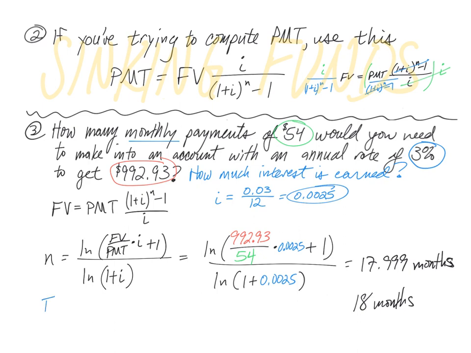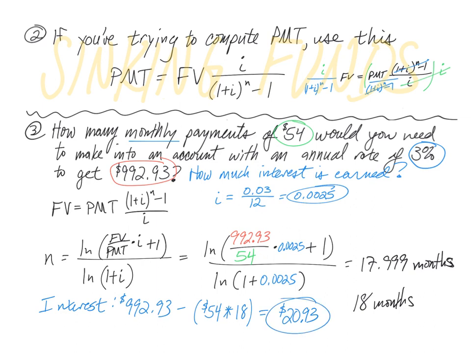So interest would be 992.93 minus the $54 times the 18 payments. This would yield you a whole $20.93 of interest. So it would take 18 payments and you would earn $20.93 in interest along the way, which is fine. 3% is not a lot of interest to be earning over a year.